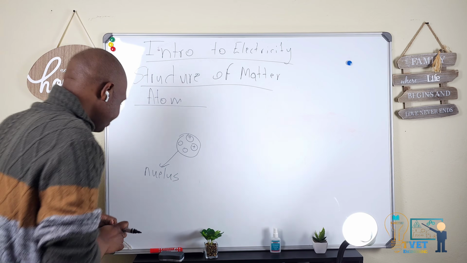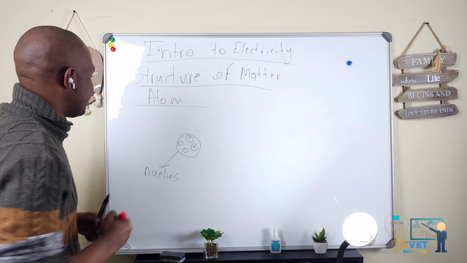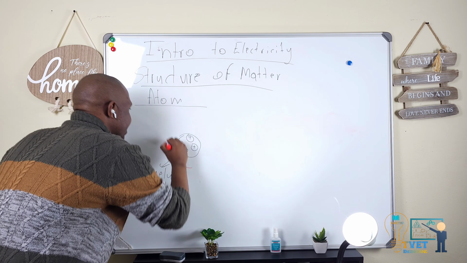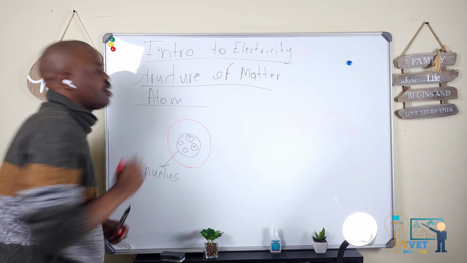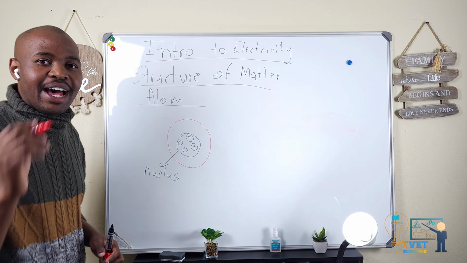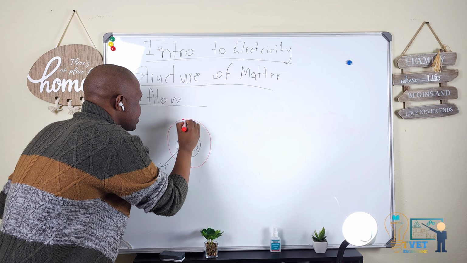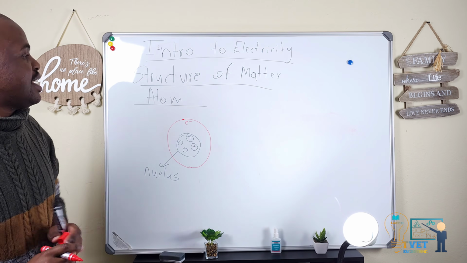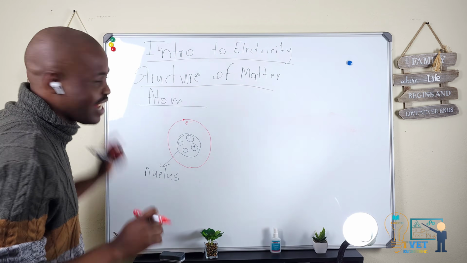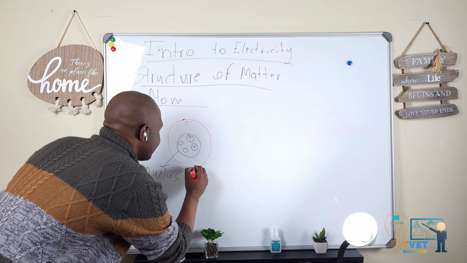Then rotating in orbit around the nucleus of an atom are what we call electrons. We know that electrons have a negative charge.